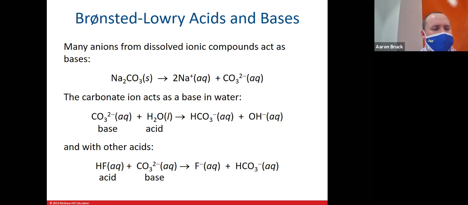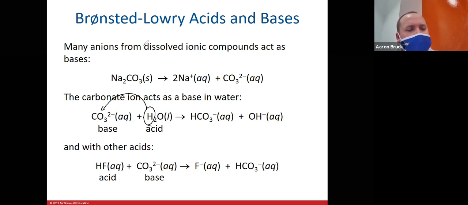That carbonate ion is actually basic. And under the Bronsted-Lowry definition, we can see how its base behavior comes about, because it is able to accept a hydrogen ion from water to form the bicarbonate ion and hydroxide ions.